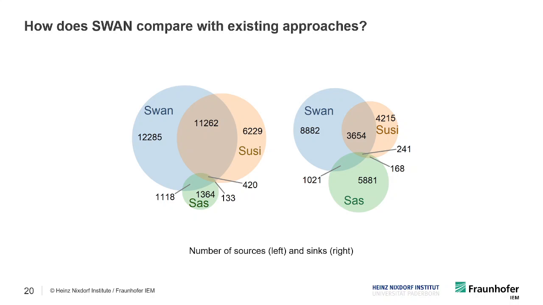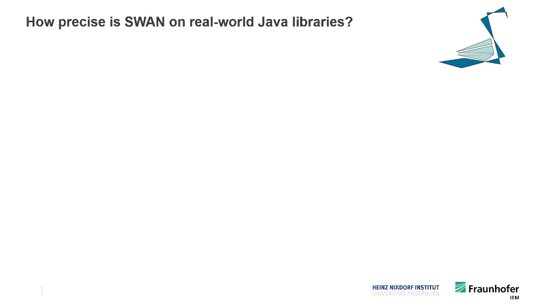But SWAN is actually useful when we then apply the second phase. And for this, we wanted to see how precise it is, which is the next experiment that we performed. We wanted to see how SWAN performs on real-world Java libraries. For this we took 12 popular Java libraries as test sets.